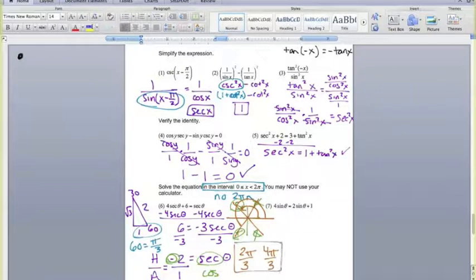Can you explain why we need the S and T quadrants? We're working with secant, but secant isn't one of our main functions. So we want to think about its partner main function, which is cosine. Then our equation says that it's equal to negative 2, so we're working with negatives. So we want the places where cosine is negative. All means all are positive, and we don't want a positive.